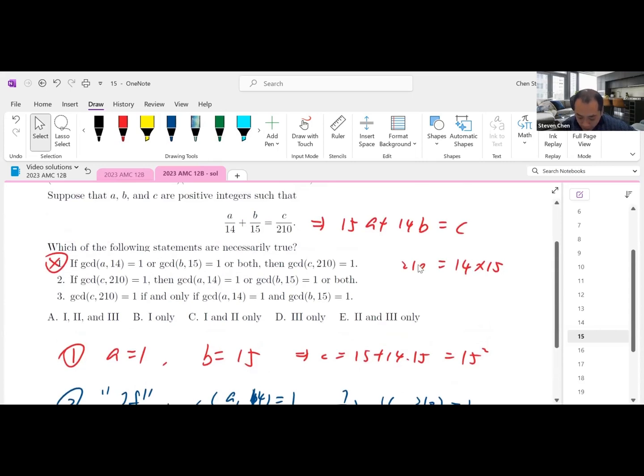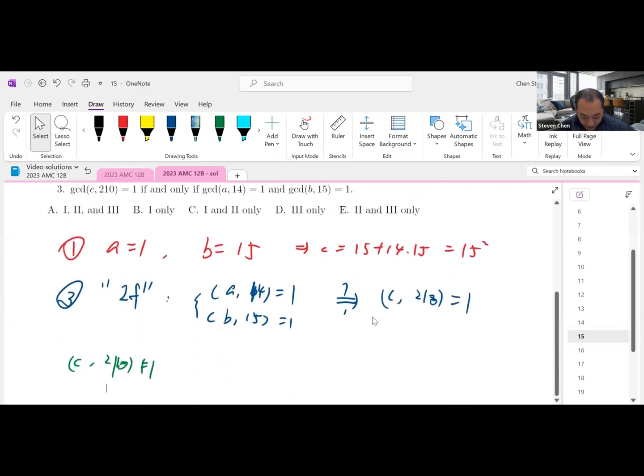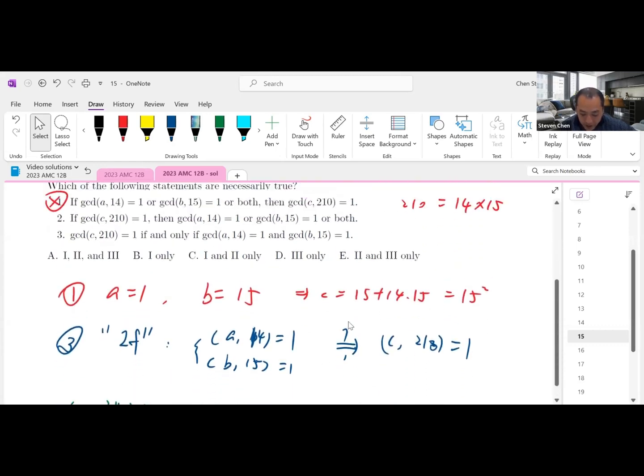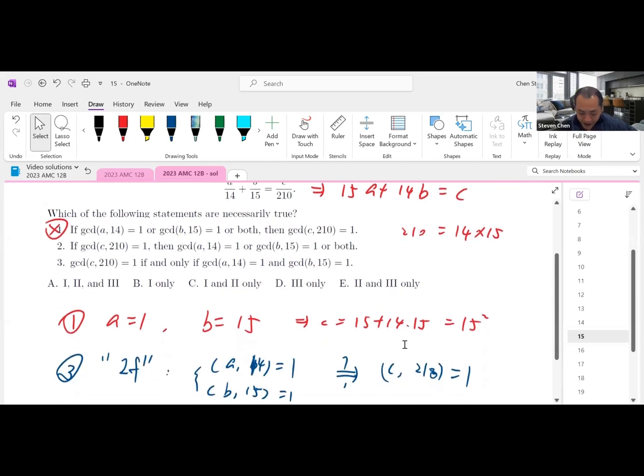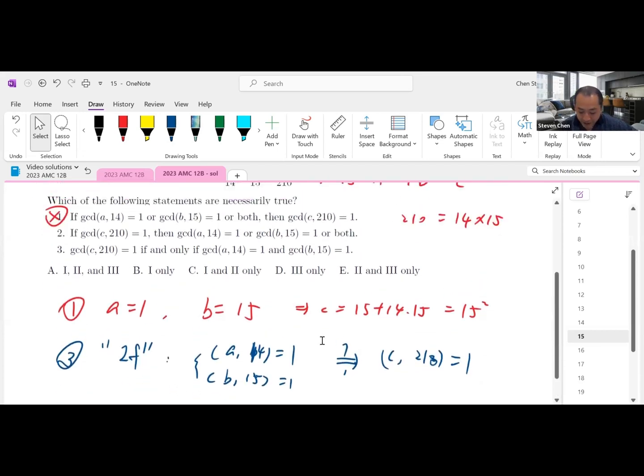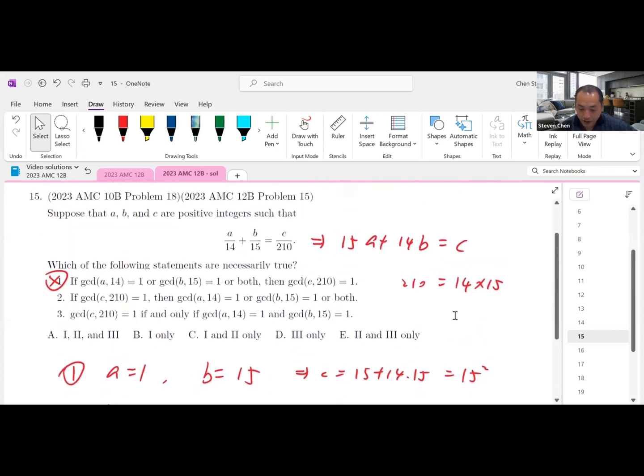And we recall that 210 is equal to 14 times 15, and these two numbers are relatively prime. So this implies that C must contain at least one factor that is a factor of 14 or 15, right? So without loss of generality, let's just assume that C contains a factor that is a factor of 14.